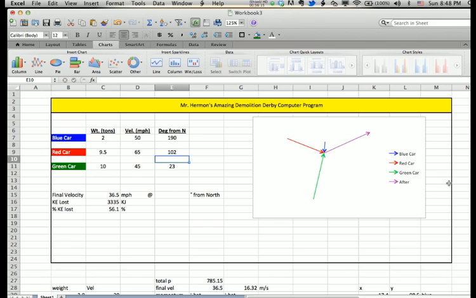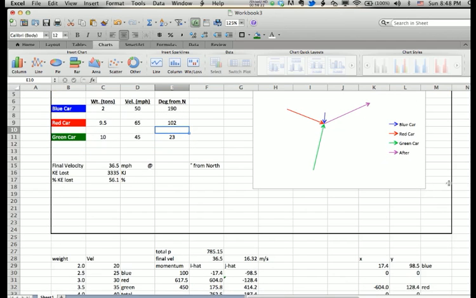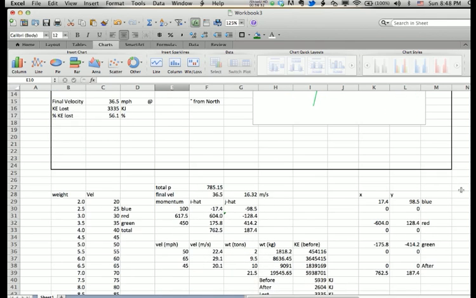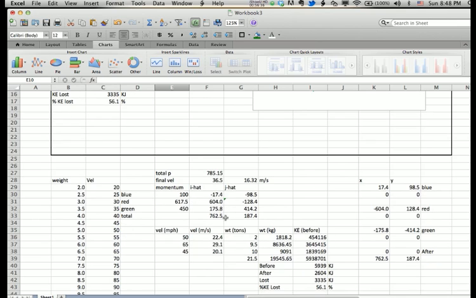Okay, are we ready for the bad thing? Okay, so how do we describe how many degrees this final momentum thing is from north? Well, we have a total i hat and a total j hat. So I can figure out an angle.